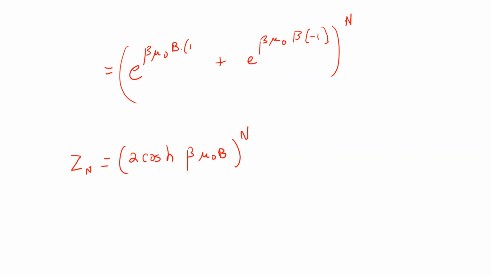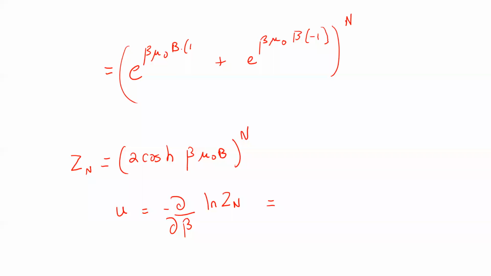Now we have to find the specific heat capacity. To find the specific heat capacity, I have to find the internal energy. The internal energy is nothing but minus the partial derivative with respect to beta of ln of the partition function. So substitute the partition function, and when you evaluate it, we get the internal energy.